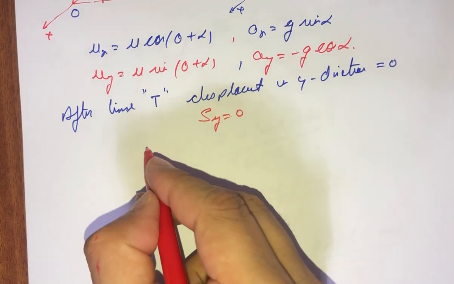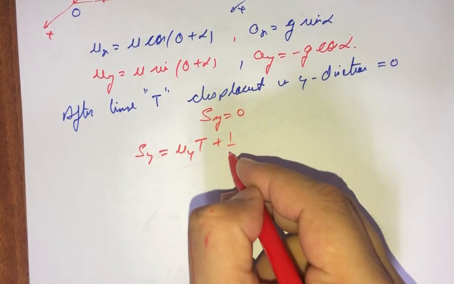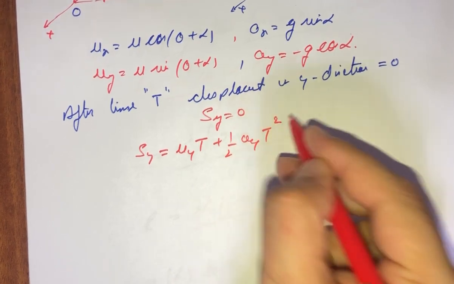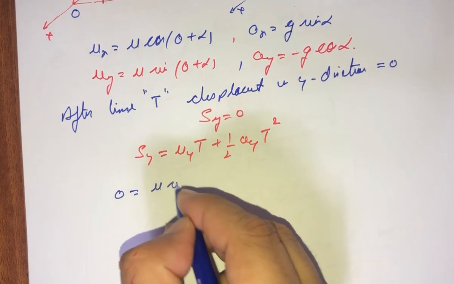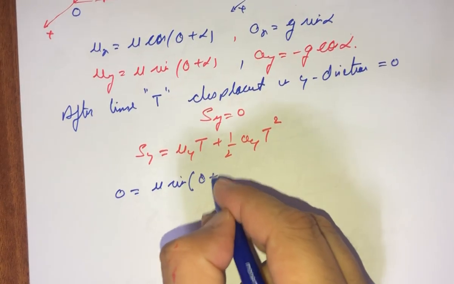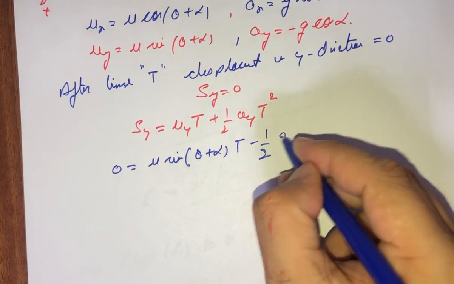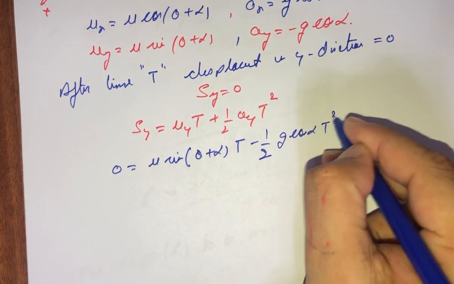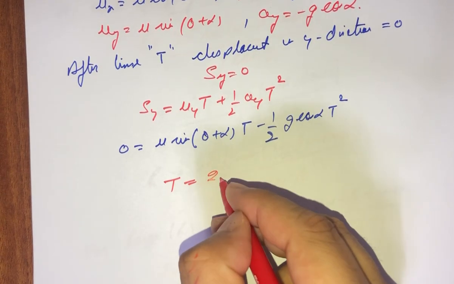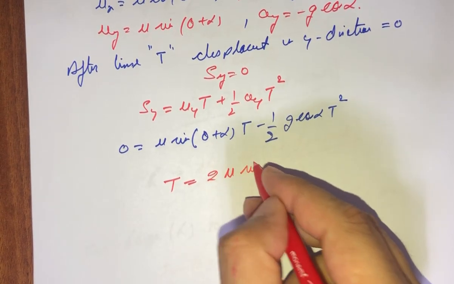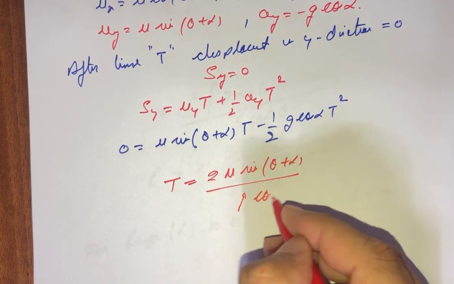So we are using the equation s of y is equal to uy t plus half ay t square. So 0 equals u sin of theta plus alpha into t minus half g cos alpha t square, and we get the time of flight as capital T is equal to 2u sin of theta plus alpha divided by g cos of alpha.